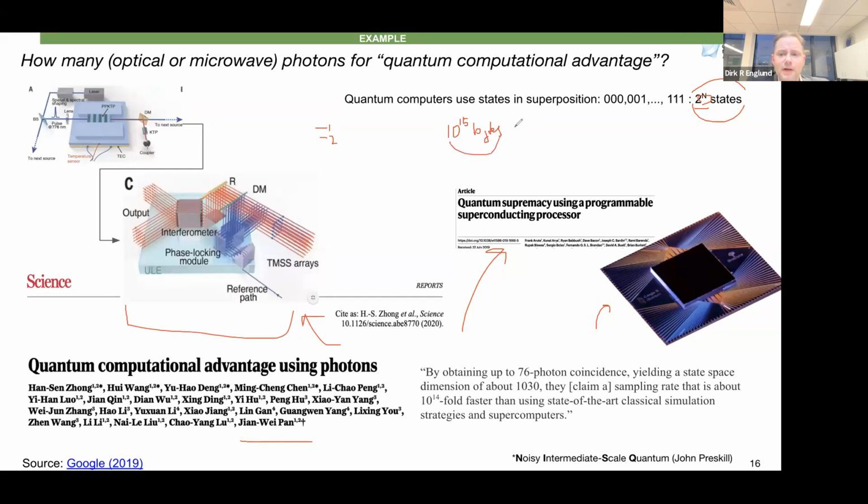So 10 to the 15 bytes. How many states would you be able to store? If this here is equal to the number of states, solving for n, so log base 2 of 10 to the 15, you'll see that n is somewhere around the order of 50 to 70 or something like this.